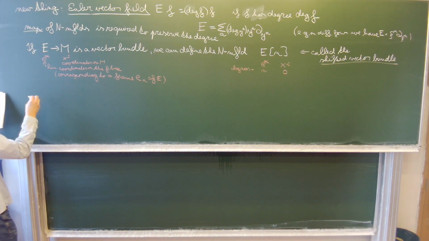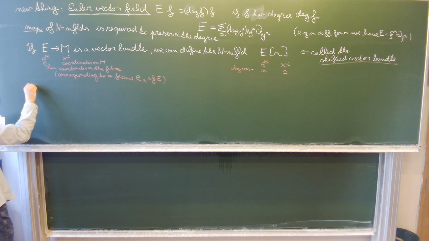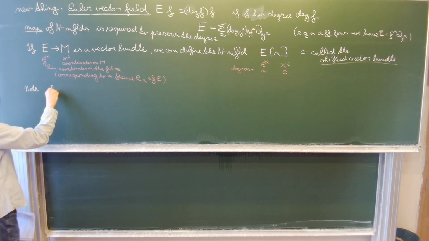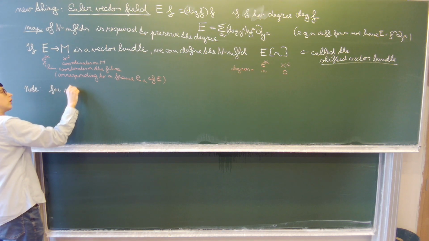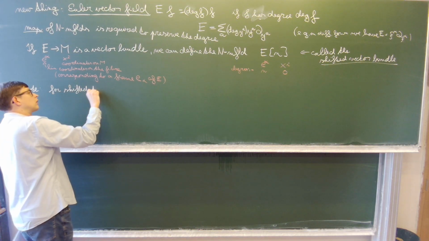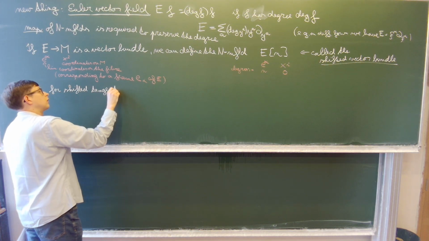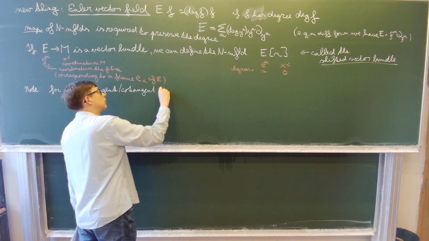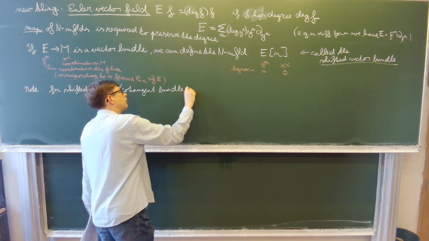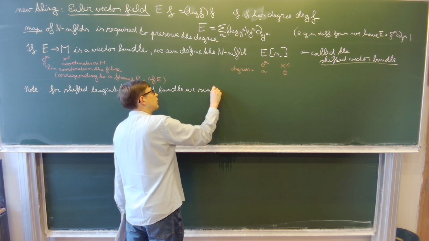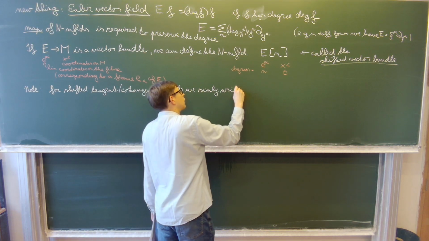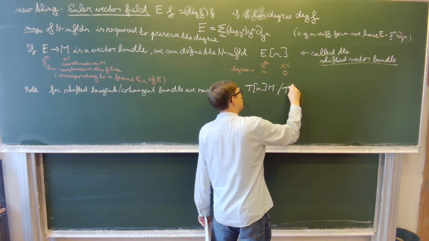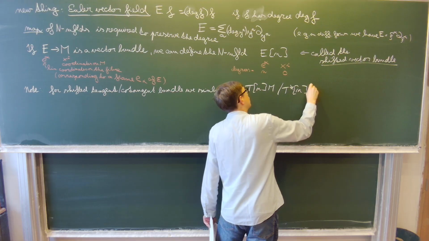And maybe a couple of notes. First note is that for notational convenience, when you shift the tangent and cotangent bundle, shifted tangent, cotangent bundle, we simply write T[n]M or T^*[n]M.